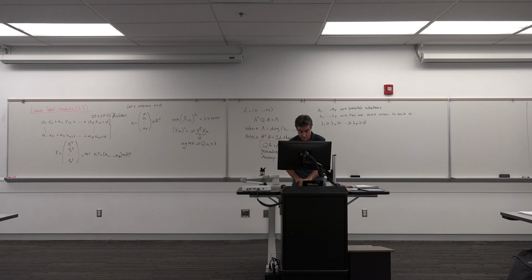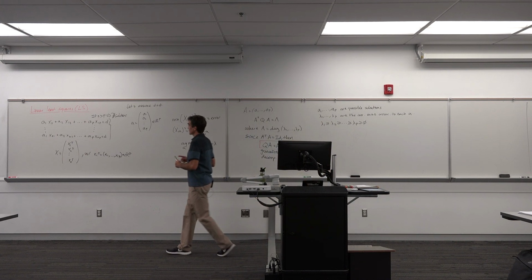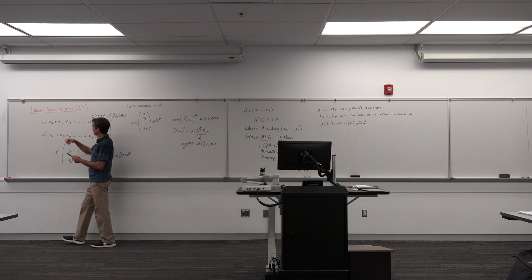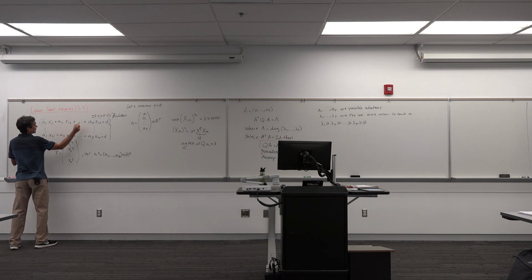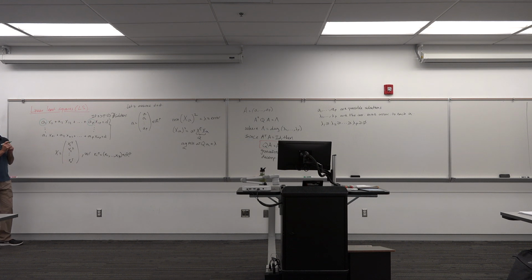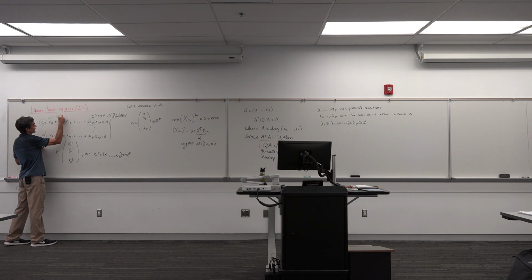OK, so what I want to do then, for my problem, right? What's my problem? My problem is to find the unknowns. And the unknowns are these parameters here. So these are my unknowns.